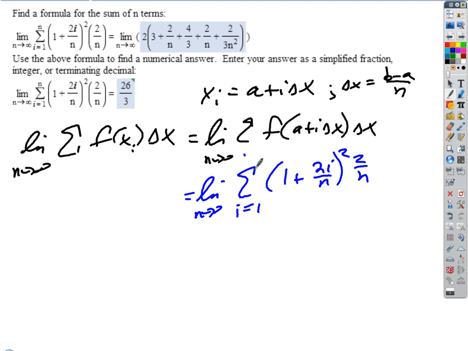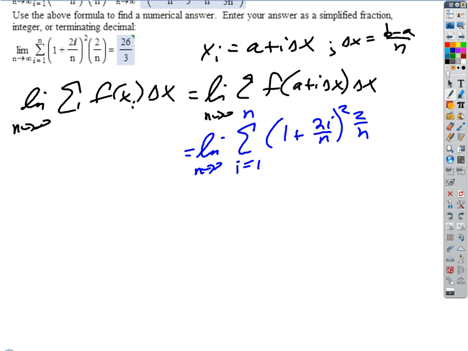What do you think? It's got to be x squared, doesn't it? Because whatever we're putting in here, f of x sub i, in this case, evidently just equals x sub i squared. So f of x equals x squared. There's the area, we're adding up the area under that curve.